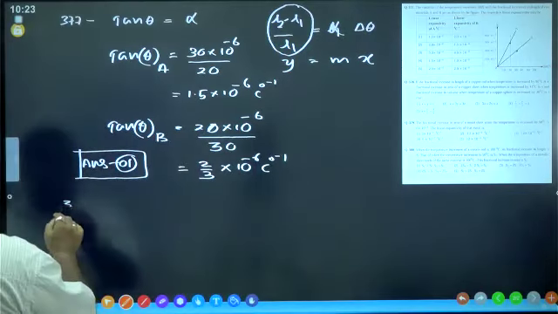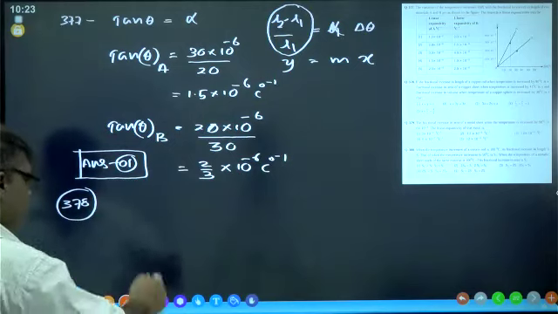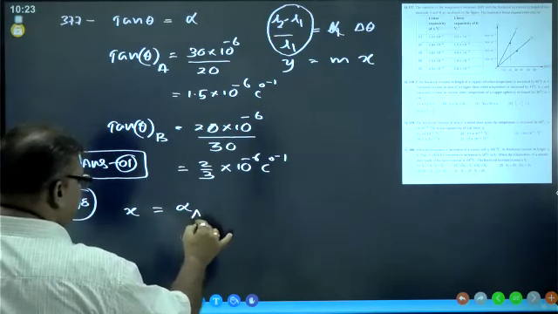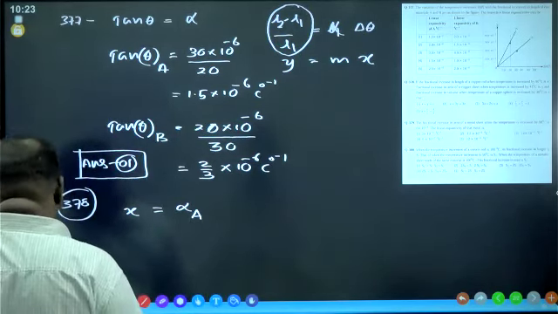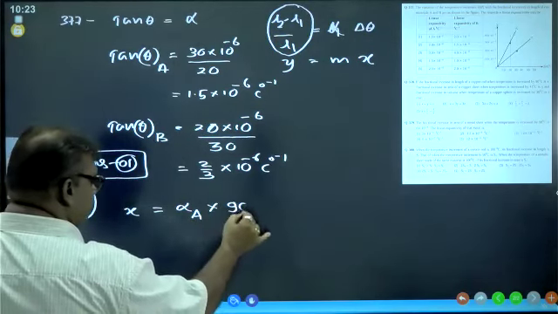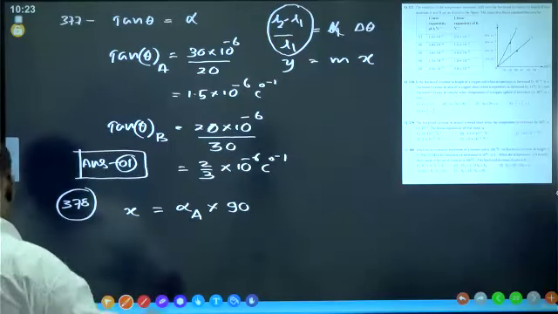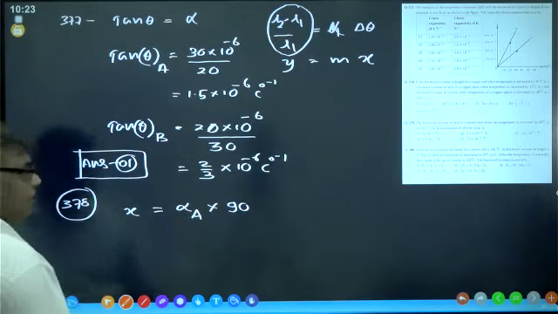It's 378. Fractional change of length X is alpha A, first material, into 90. And for copper, first one is, it's copper, no? A is copper. Then the other one, fractional increase of area of copper, fractional change of area.